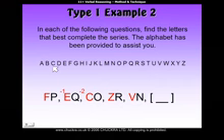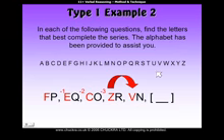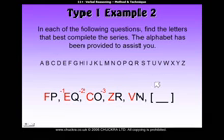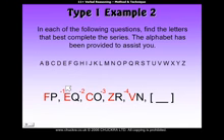Instead of going all the way along the alphabet forwards, we can go backwards, and when we get to the end of the alphabet, just loop round and start again. Starting at C, we go backwards 1, 2, and then loop round 3 to get to Z. So from C to Z, it's backwards 3. Then from Z to V, we go backwards 1, 2, 3, 4, backwards 4. So as you can see, our pattern is -1, -2, -3, -4.